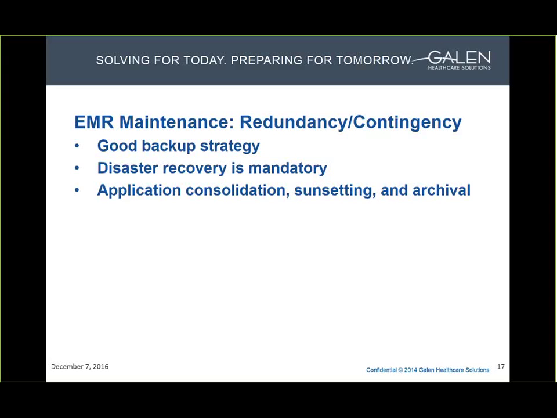To facilitate that even further, because there are requirements now for keeping the data around for a certain amount of time, rather than have this old server in a corner with thousands of dollars of licensing and software that you have to keep up, as well as paying the manpower to manage those servers, you're going to want to archive that data.